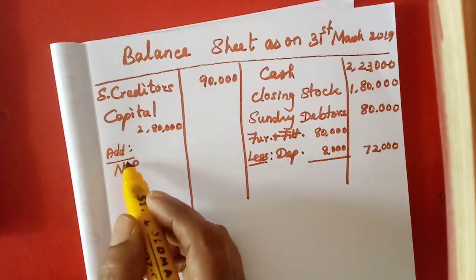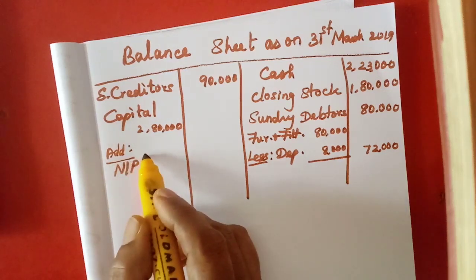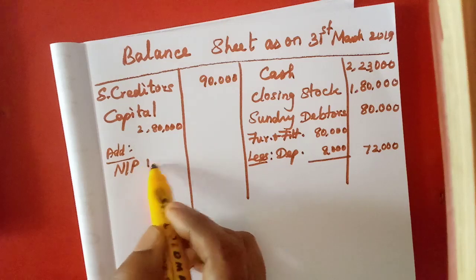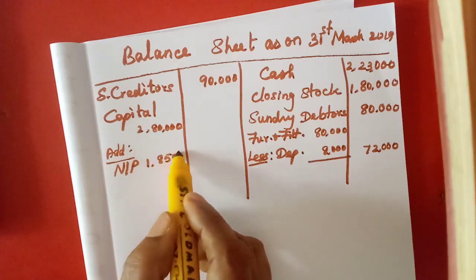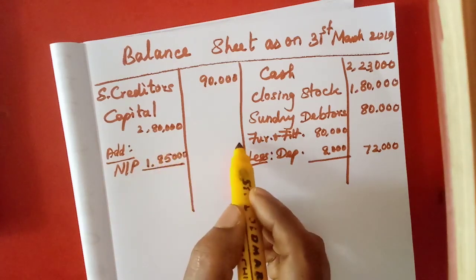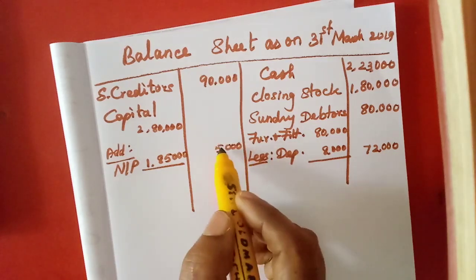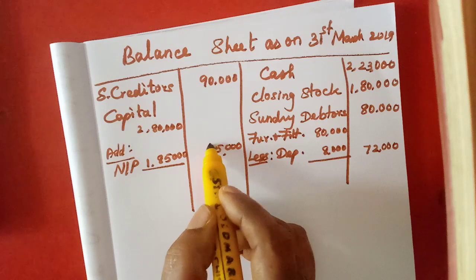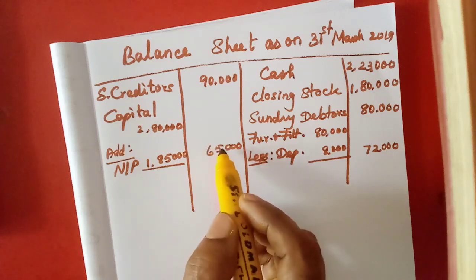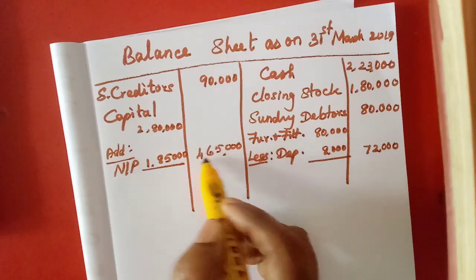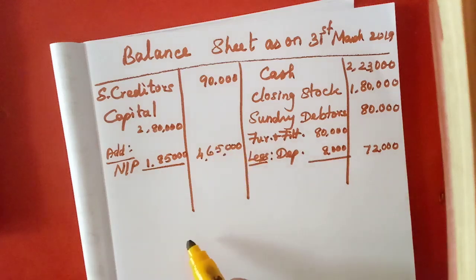What is the net profit? 1,85,000. Right. 4,65,000. Now we have entered everything.